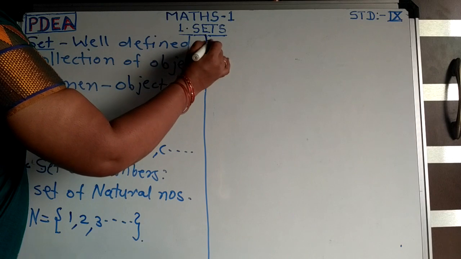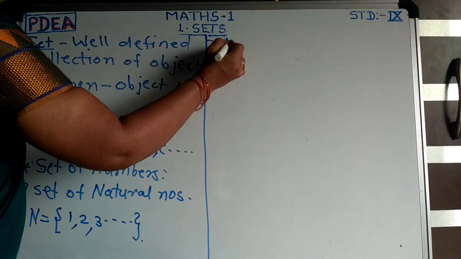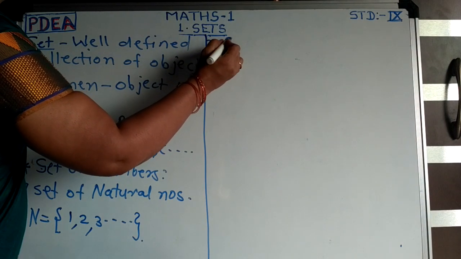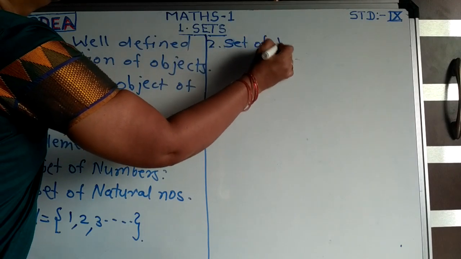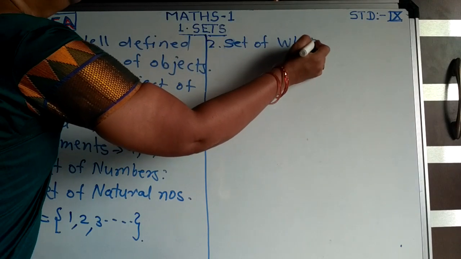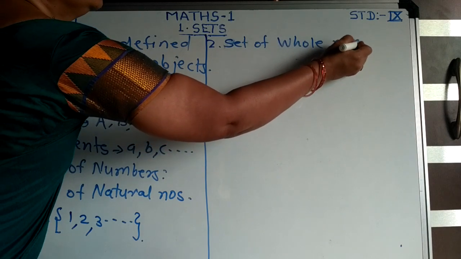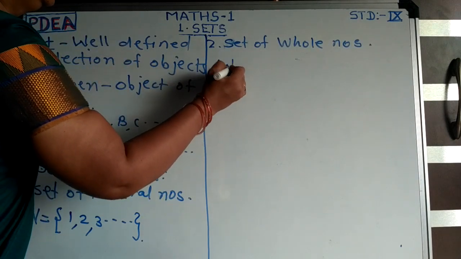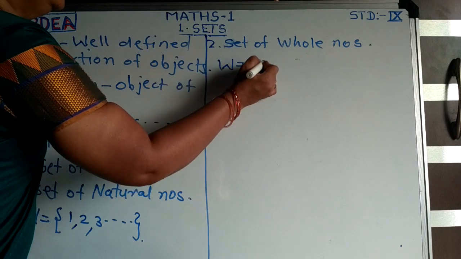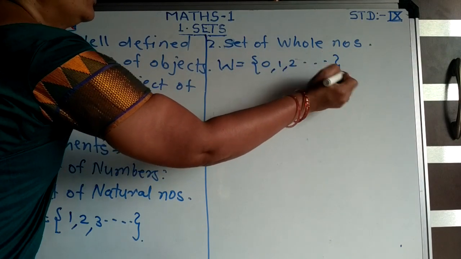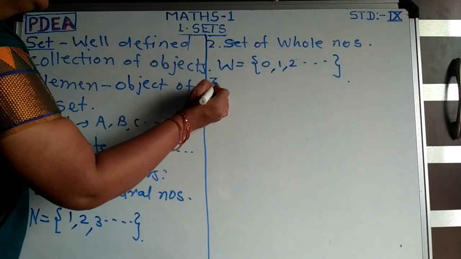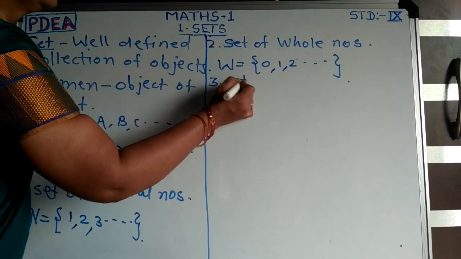Second, the set of whole numbers is denoted by capital W and the elements are 0, 1, 2 and so on. Third, the set of integers.